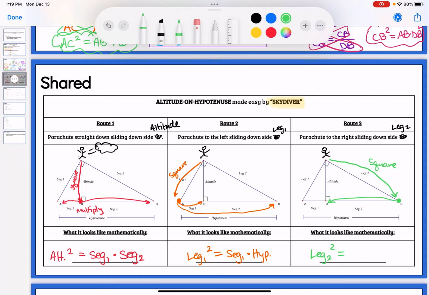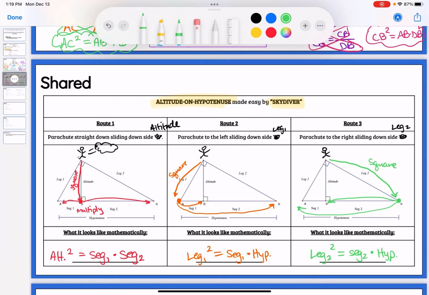That's segment 2. Or he could start at B and he could walk the whole hypotenuse, but he can't magically teleport and only walk this little segment over here. That's not going to work. So leg 2 squared equals segment 2, or the part closest to him, times the whole hypotenuse. And those are the 3 altitude on hypotenuse theorems. Those are the formulas you need to remember.